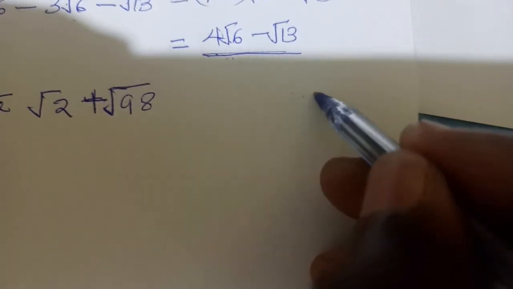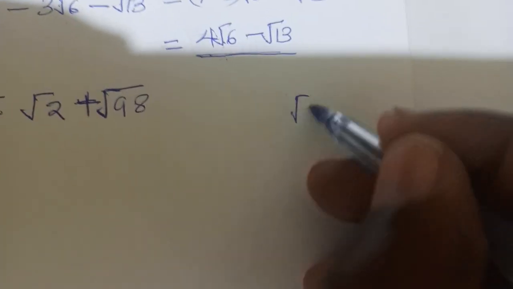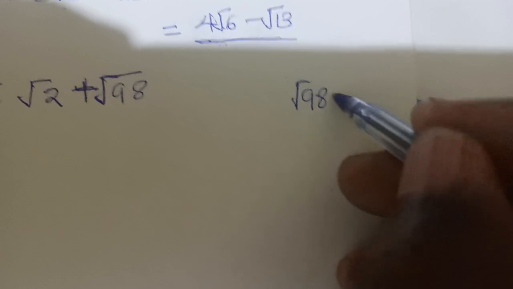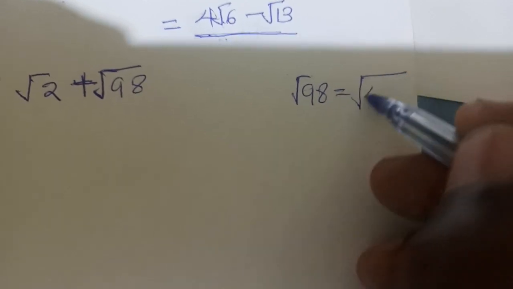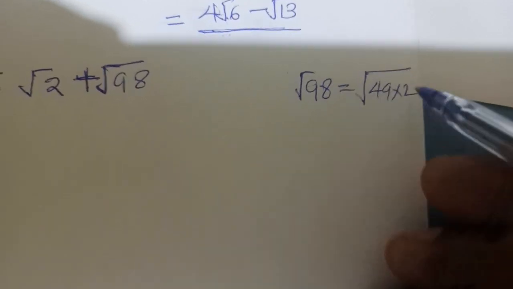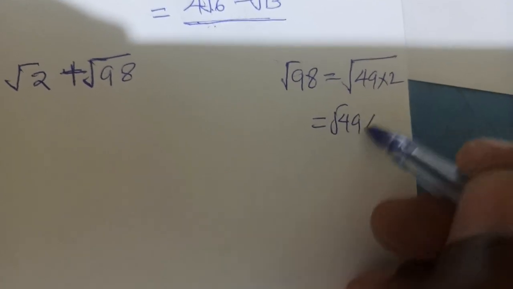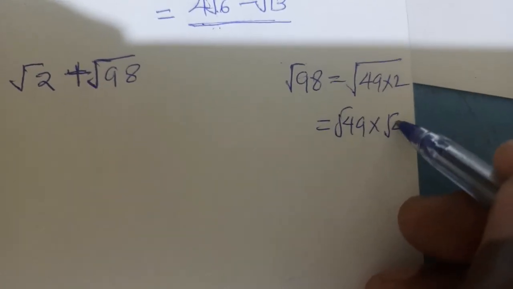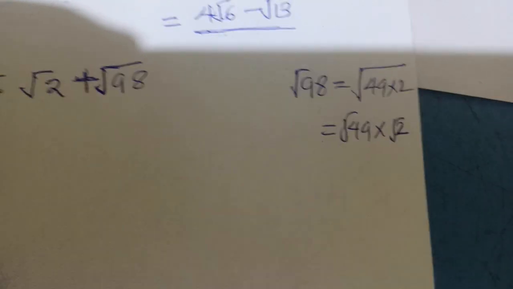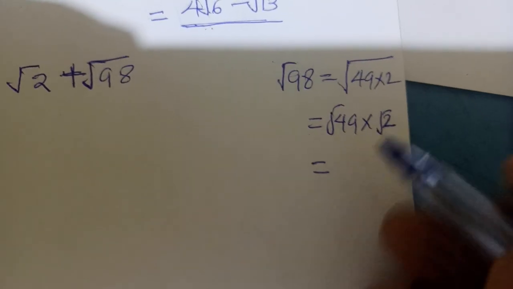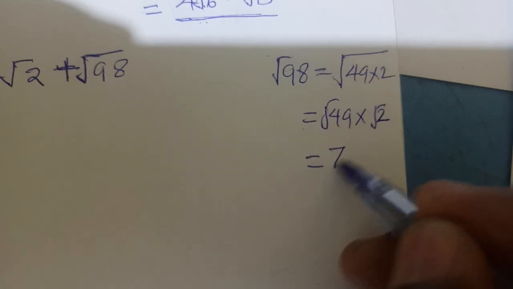So what we do, if we consider it aside here, we know that root 98 is also the same as root of 49 times 2, which is the same as root of 49 times root of 2. If we take the positive side, we know that 49 is a perfect square, and therefore this gives us 7 root 2.